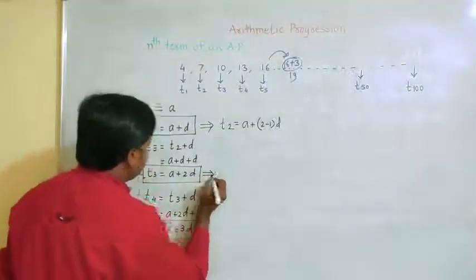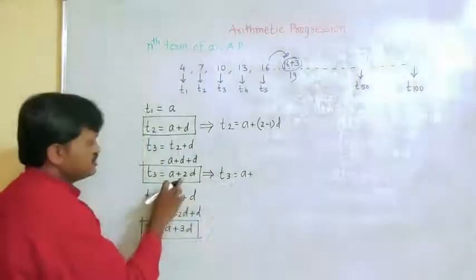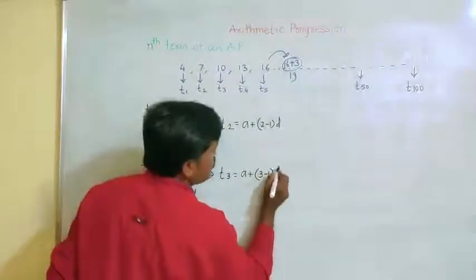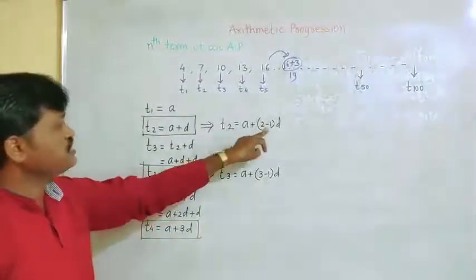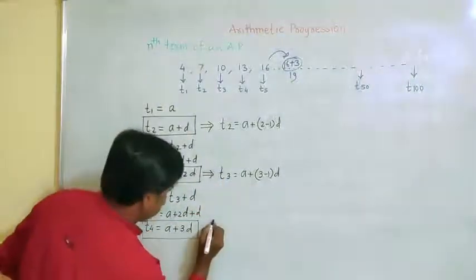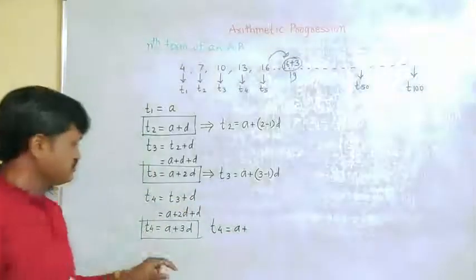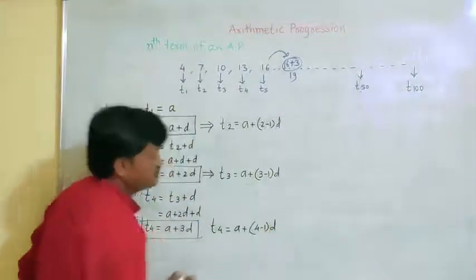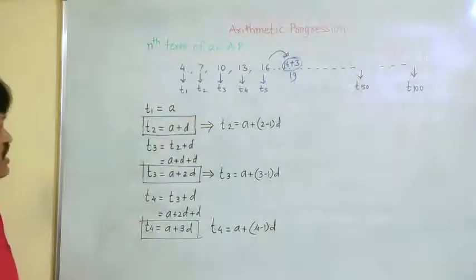Then T3 is a plus 2d; for that 2 I write 3 minus 1. म्हणजे काय करतो आपण, जे पद तुम्ही काढणार असाल, T2 काढणार असाल तर 2 minus 1, T3 काढणार असाल तर 3 minus 1. That way T4 is equal to a plus 4 minus 1 into d. So it becomes converted into a generalization.